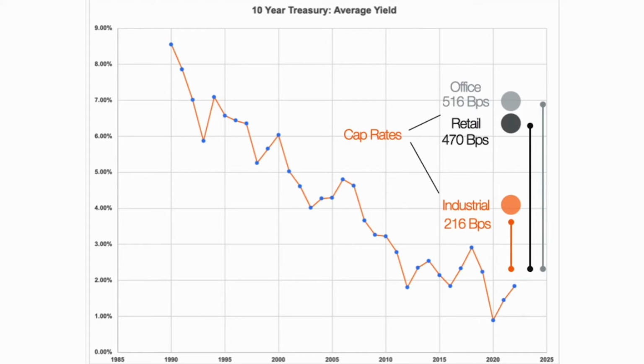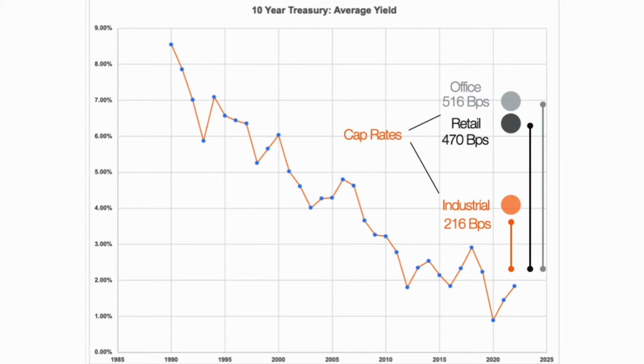So on here, I have an example of the representative spreads we've been seeing in the last, say, 4 or 5 months for industrial, retail, and office property, where you're seeing high demand for industrial property driving the cap rates down to a very narrow margin over the 10-year treasury, whereas retail and office is maintaining a wider margin, which is accounting for risk in the market. So this is one of those components that goes into that cap rate percentage.